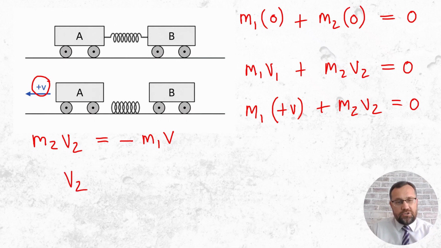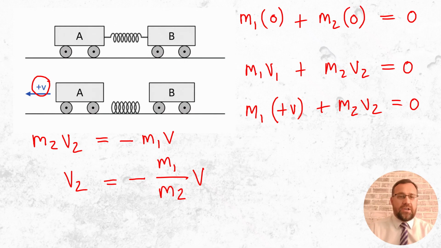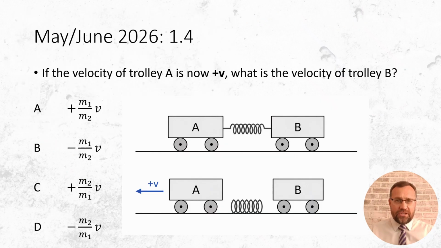So v2 is equal to minus m1 divided by m2 times v. Now the negative sign indicates that trolley B moves in the opposite direction to trolley A. And this corresponds to option B.